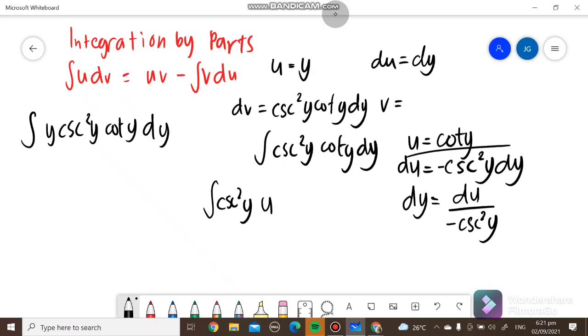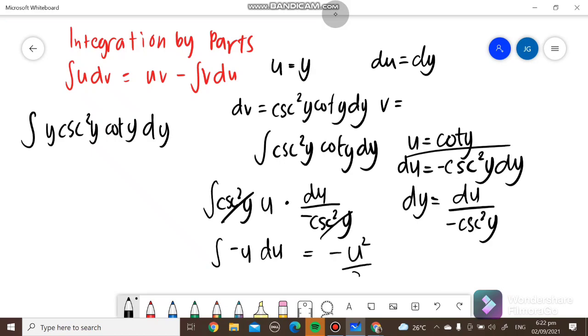So, u na siya, multiplied by the value of dy, which is du all over negative cosecant squared y. So, this will cancel, and we will be left with the integral of negative u du. The integral of that is simply negative u squared over 2.